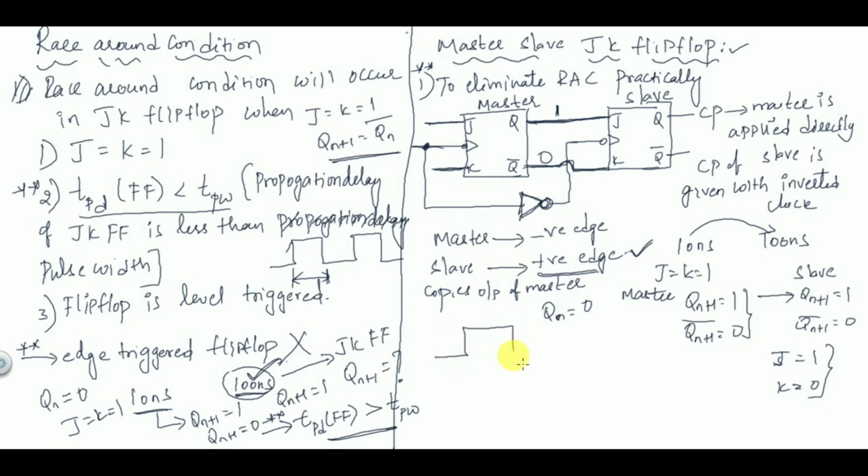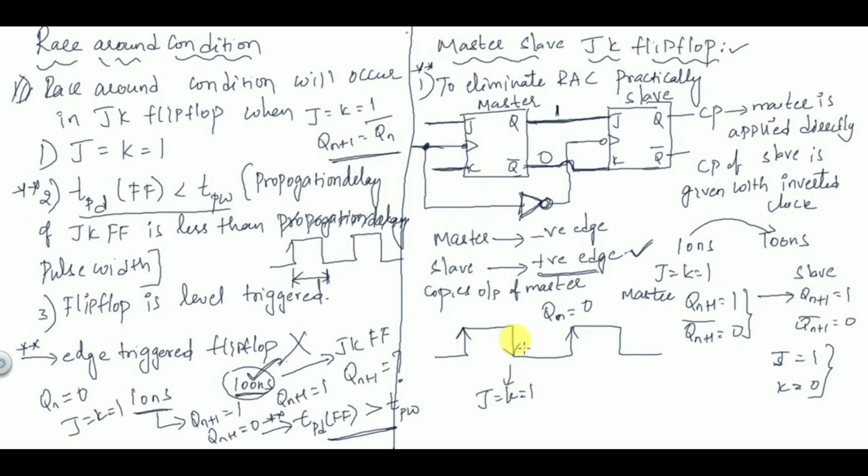If the clock pulse is like this, with a positive edge, negative edge and positive edge, at this negative edge you have given J equal to K equal to 1 in order to change the output.